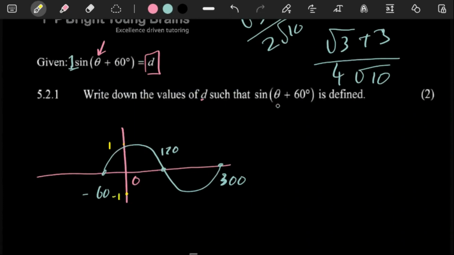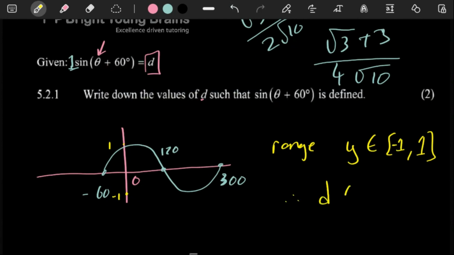So here, we'll have to say that the range is y is an element of negative 1 until 1, of which d here is representing the y value. So therefore, d is an element of negative 1 until 1.